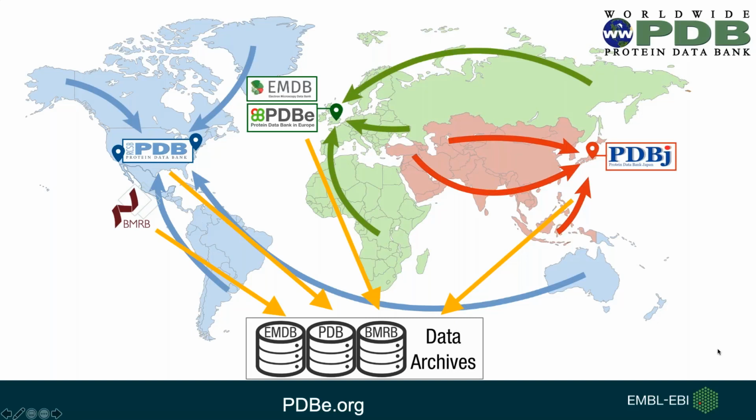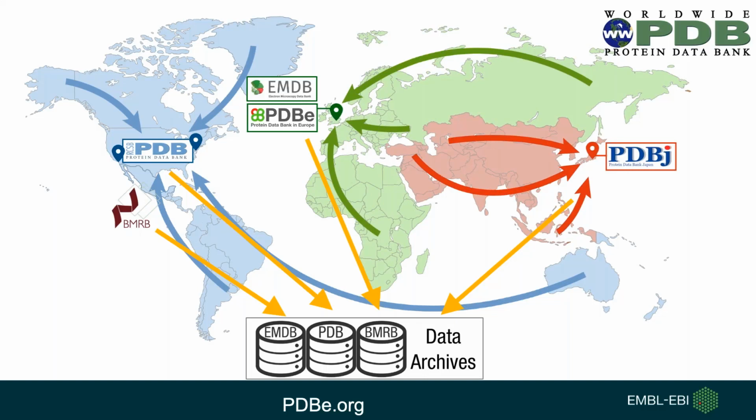PDB data is managed by many sites, which come under the Worldwide Protein Data Bank. And ourselves, PDBe, is a founding member of the Worldwide Protein Data Bank and archives experimentally determined three-dimensional structures of biological macromolecules.